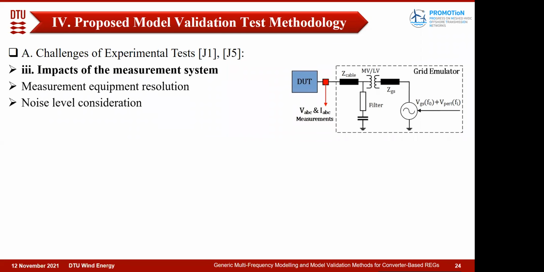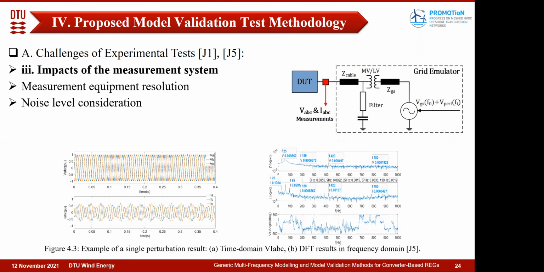And then the last part is the impact of the measurement system. For example, here I provided one example. This is one of the time domain and frequency domain results for a perturbation test. As we can see from the FFT part, the amplitudes of these couplings and frequency components are very small.